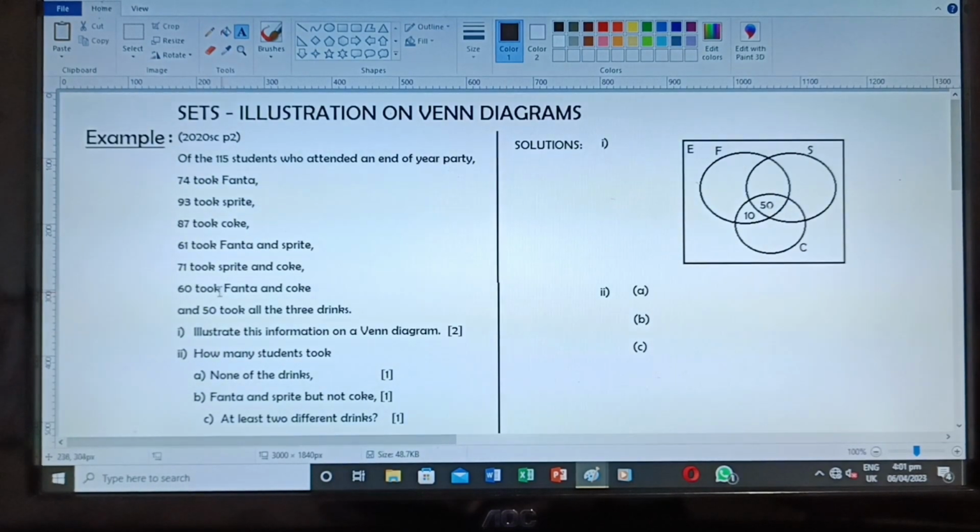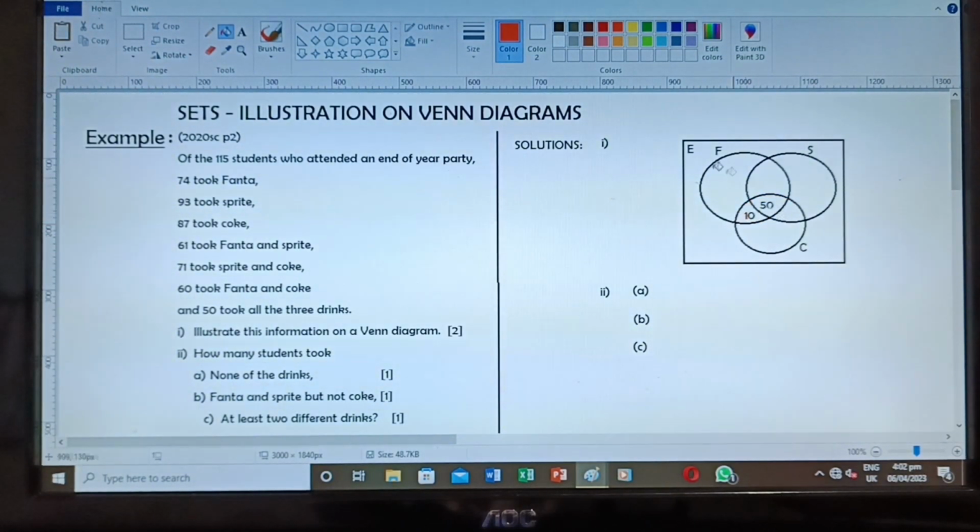We are told that 60 took Fanta and Coke. So the region for Fanta and Coke is this one in yellow, including those who are taking 3. In here we are supposed to have 60, so 50. What remained to make it 60 is a 10. So that's why we have put a 10 here. It's basic subtraction: 60 minus 50, then the remainder we put it here.